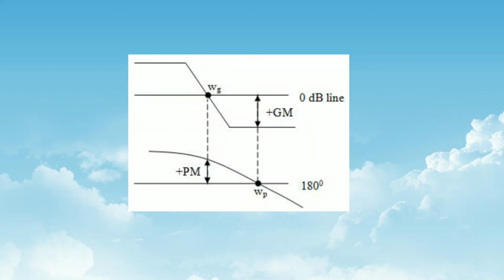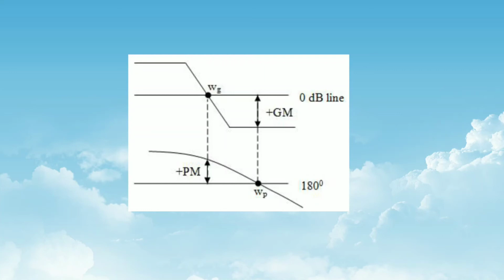In the magnitude plot, at omega GC you find the phase margin, and at omega PC, the phase crossover frequency, you find the gain margin. Omega GC is the gain crossover frequency, where our magnitude plot cuts the 0 dB line, and omega PC is where our angle plot intersects the 180 degree line.